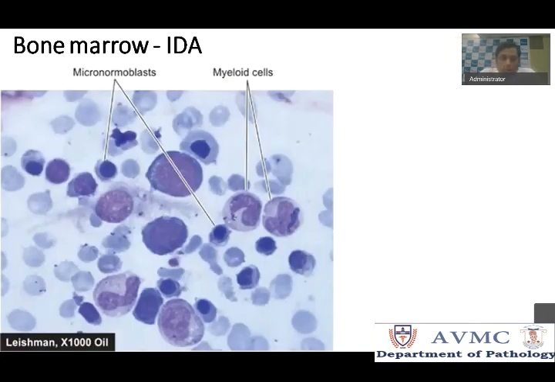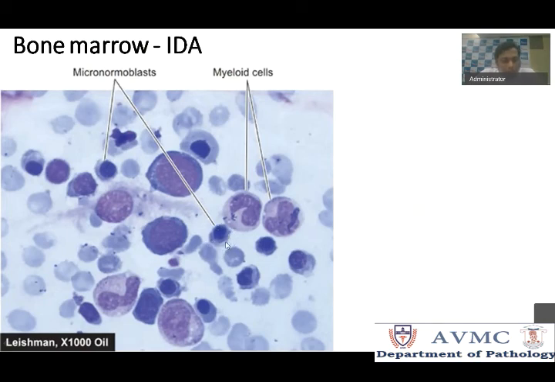Now, bone marrow is normally not done for iron deficiency anemia, but if you do a bone marrow, what you find is, as I said, in erythropoiesis, for cytoplasmic maturation, you need iron. That is, for adequate hemoglobinization, you need iron. In iron deficiency anemia, the cytoplasmic maturation will not happen. So even at the late normoblastic stages, the hemoglobin will not be adequately formed.